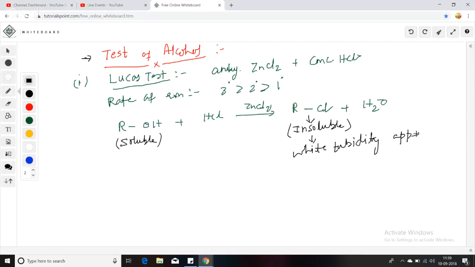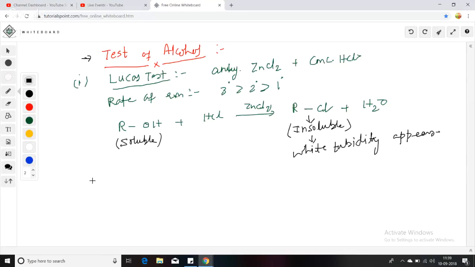Now, depending on the time, since the rate of reaction is different for 3 degree, 2 degree, and 1 degree alcohol, if the white turbidity appears quickly, within 5 minutes, it must be a tertiary alcohol, because the rate of reaction is maximum in the tertiary case.